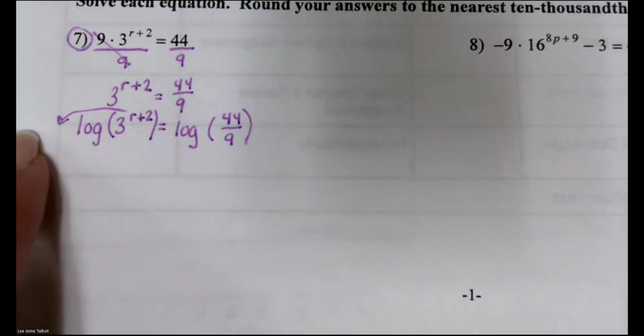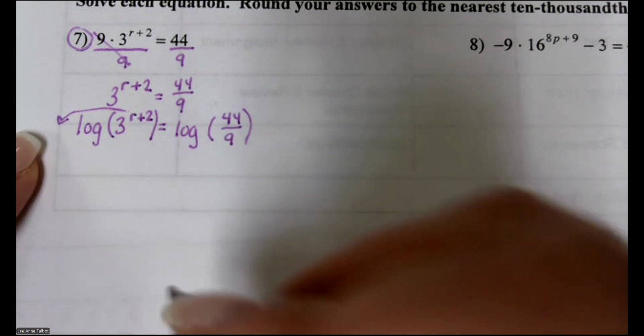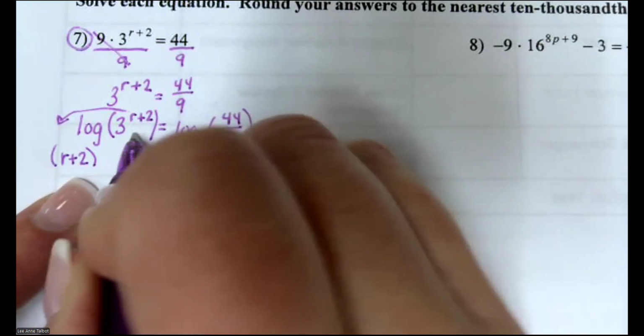Okay, and then I'm going to use the power property of logarithms, which says the exponent goes in front and becomes multiplication. This is where I really suggest that you use parentheses to kind of protect that r plus 2 as its own number.